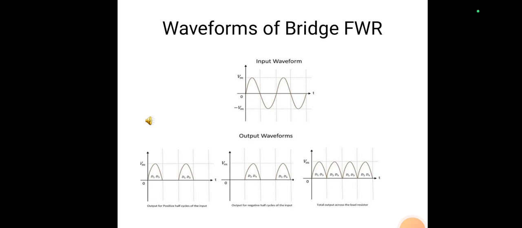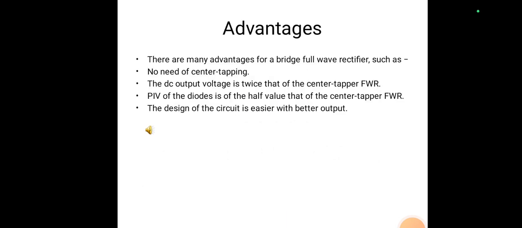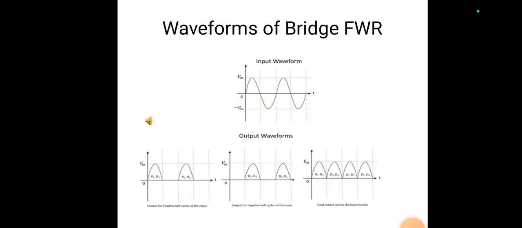In the last waveform on the right-hand side you can see the total output during both the positive half cycle and the negative half cycle. So there is no loss of negative half cycles in this bridge rectifier, and you can get the output as shown in this waveform.